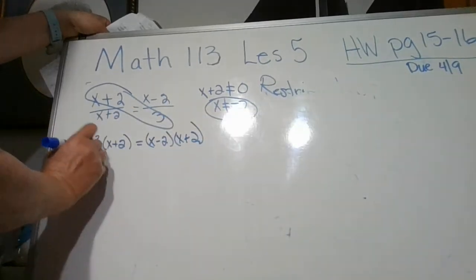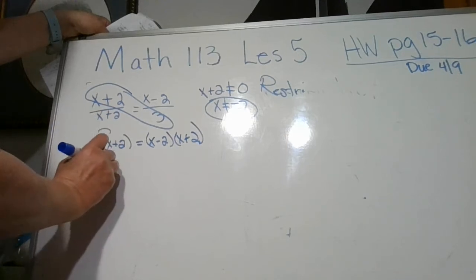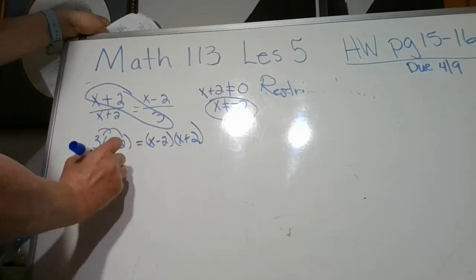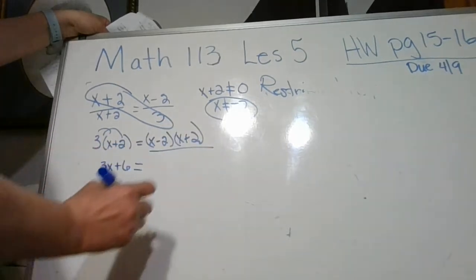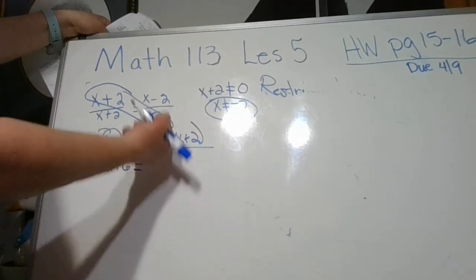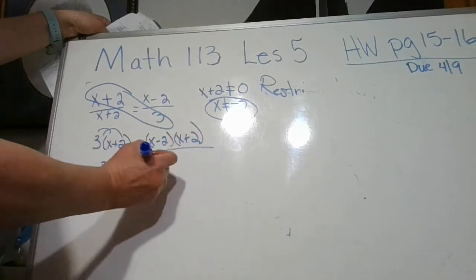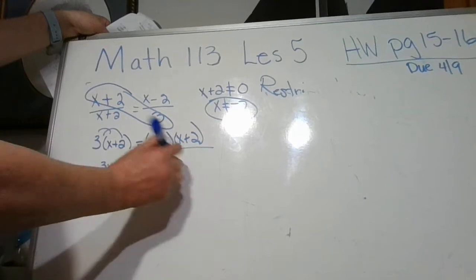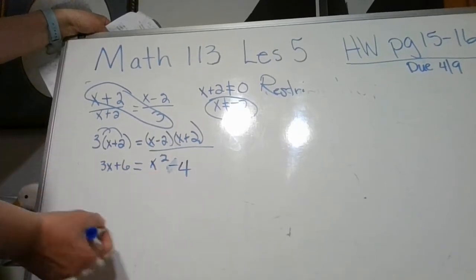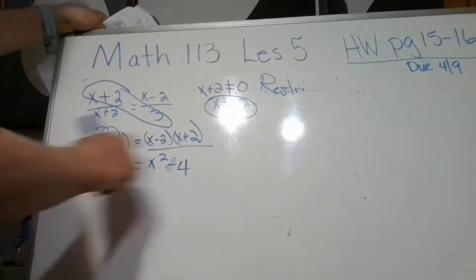Okay, I'm going to distribute here. 3 times x is 3x. 3 times 2 is 6, is equal to, and I'm going to multiply those together. The middle terms are going to cancel out because I have a minus 2 and a plus 2. So I'm going to have x squared minus 4.